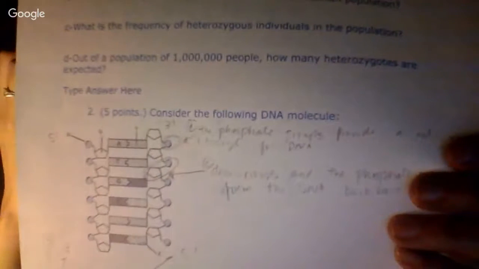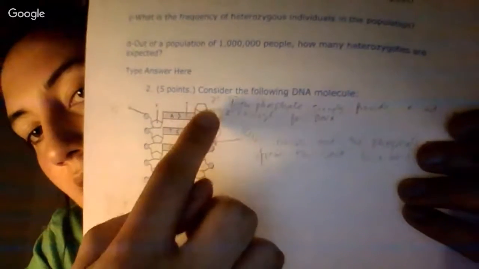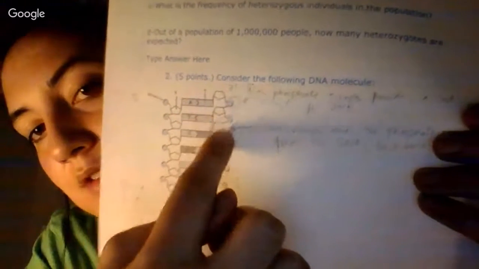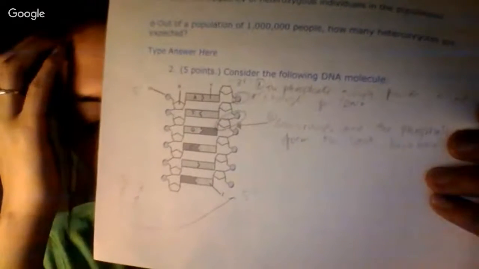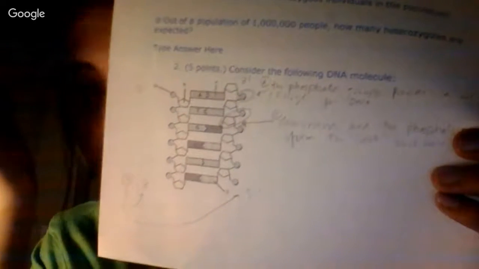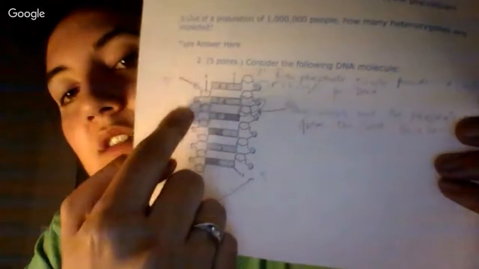For part C, it says to indicate the backbone, and the backbone is going to be composed of the sugars and the phosphate groups, so the backbones are the ones on the outside. And then for part D, it says to indicate the portion of the molecule that gives the DNA its negative charge, which is going to be the phosphates again.